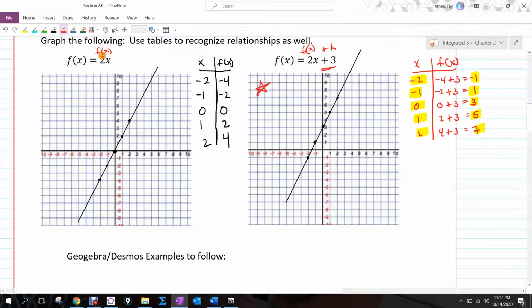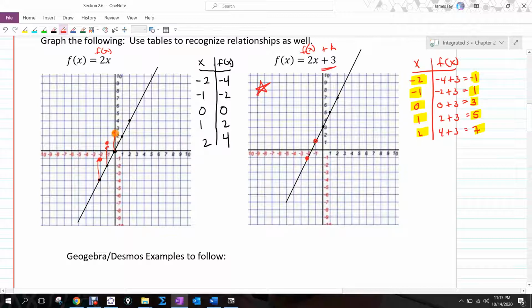To go from my 2x, if I were to take each one of these points on here and shift it up 3 units, that point shifted up 3 units would go right there, which is that point right there. If I take this point and shift it up 3 units, it would go right there, which matches that point there.